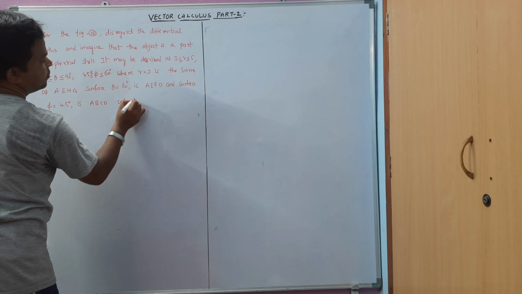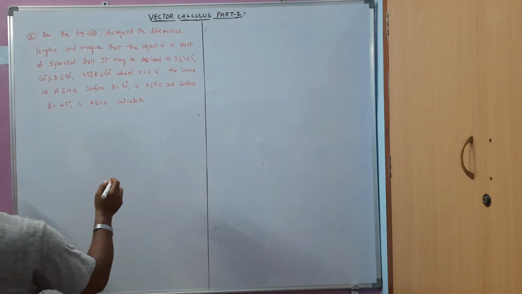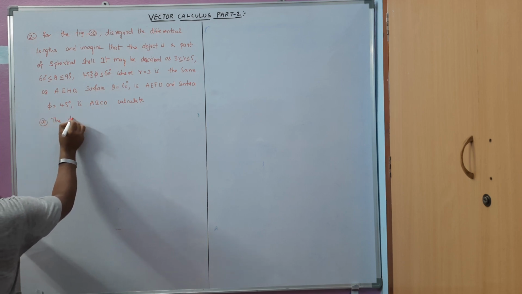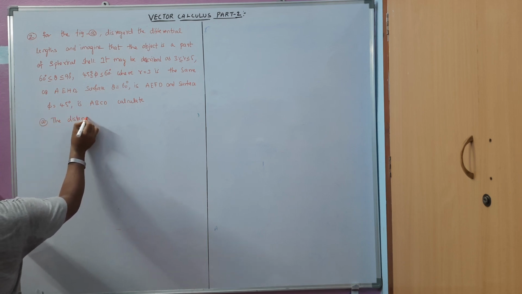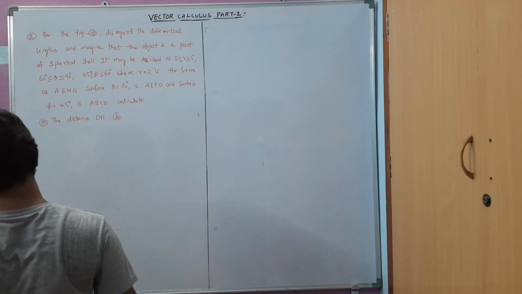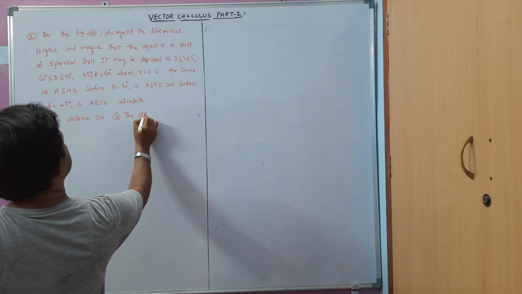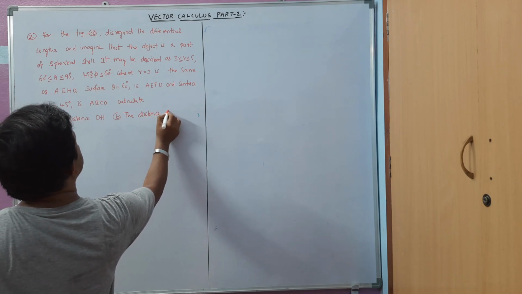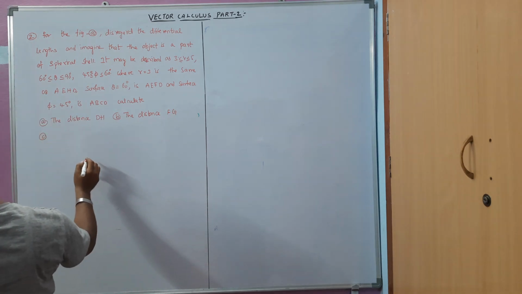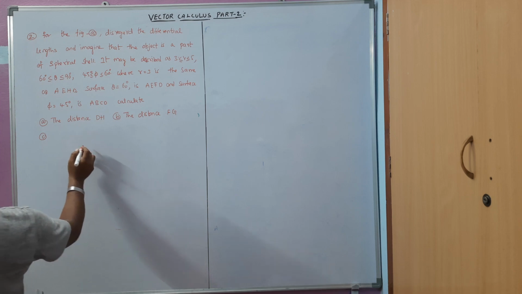Calculate the following. He has given five internal problems here. A, the distance DH. B, the distance FG. C, the surface area AEHD.